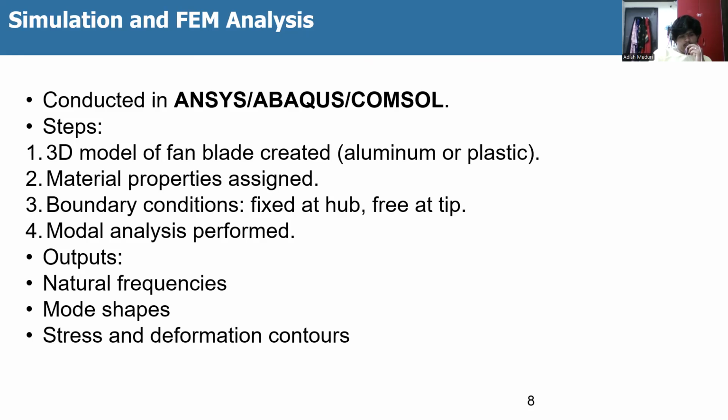The third step is boundary conditions: fixed at hub, free at tip. The fourth step is modal analysis performed. The outputs are natural frequencies, mode shapes, and stress and deformation contours.